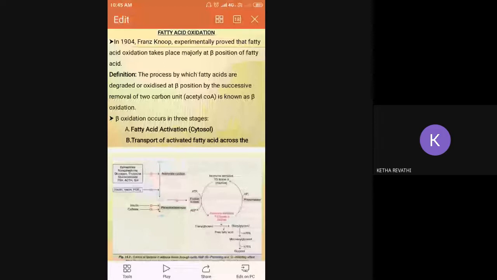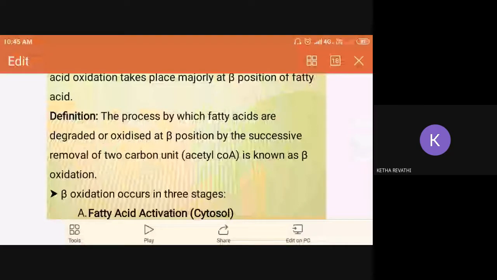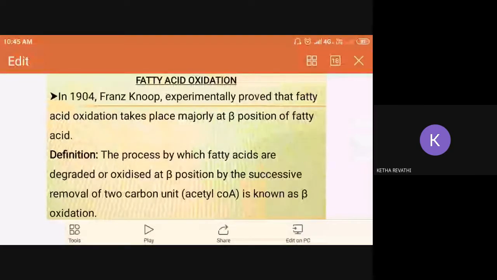It is called beta oxidation because the oxidation takes place at the beta carbon atom.